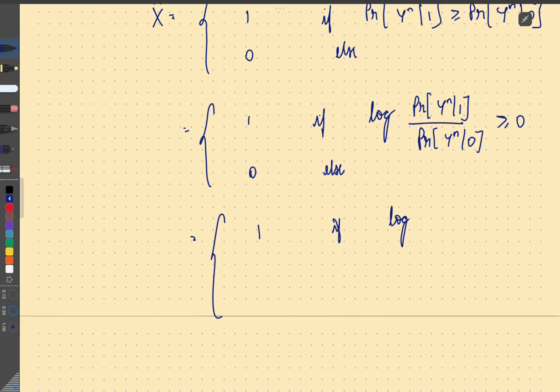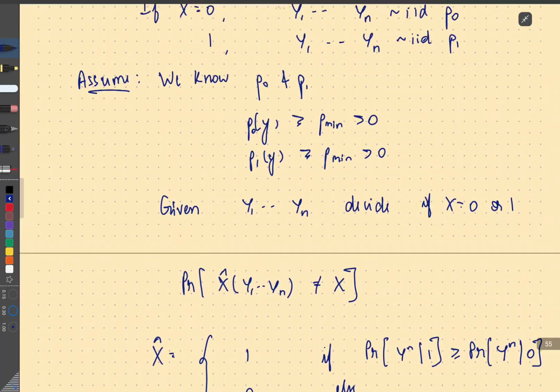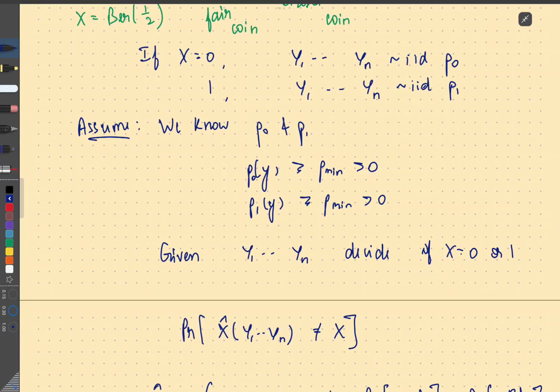Assuming that it is actually hypothesis 1, what is the distribution of Y1 through Yn? Alright, so they're all IID with PMF P1.